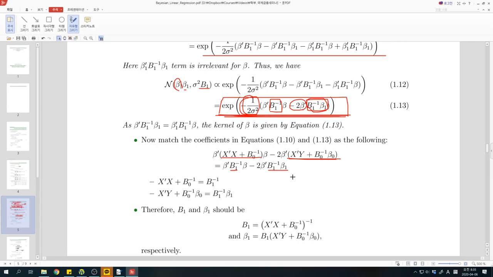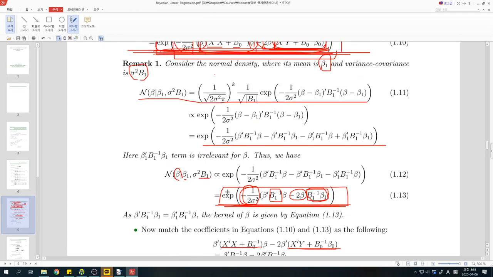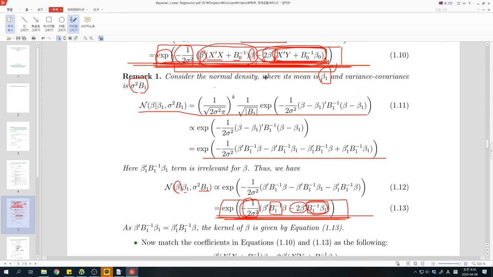So we are matching the coefficients between these two equations, right? This one is derived from the posterior density of beta, and this one is derived from the definition of the normal density, when its mean is beta 1 and variance is sigma squared times b1.